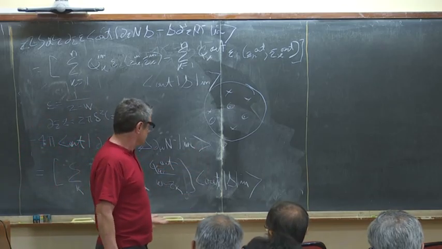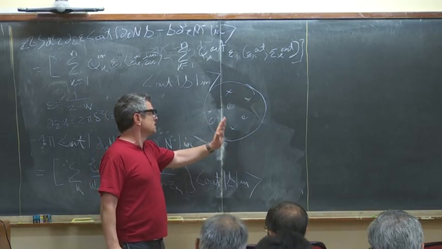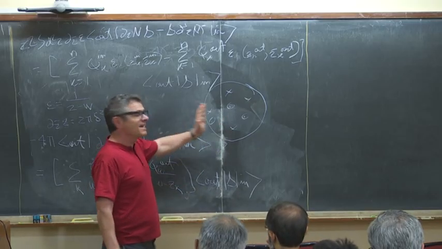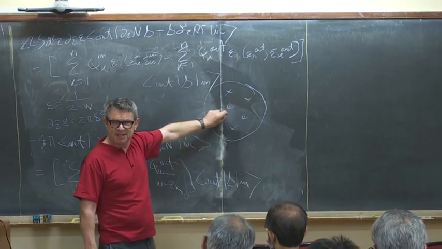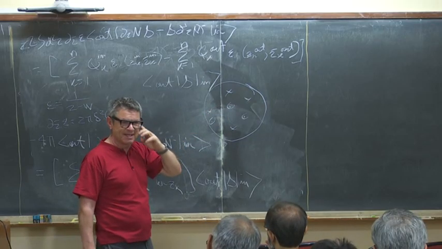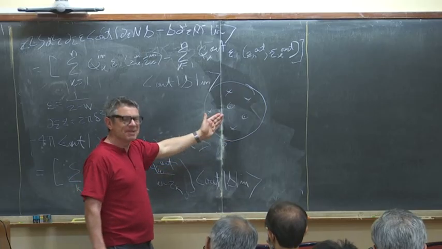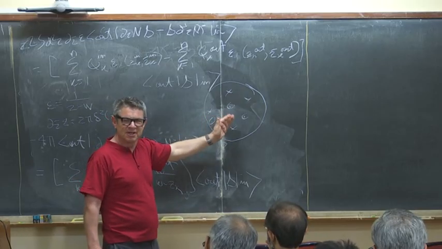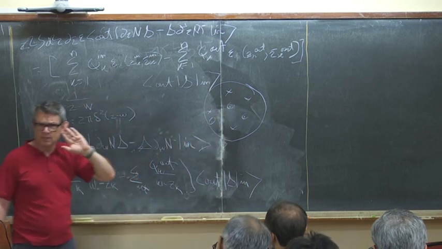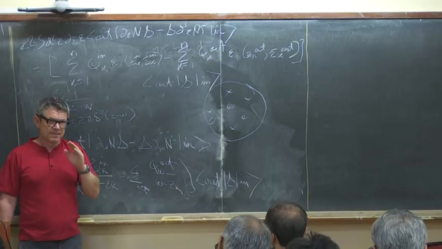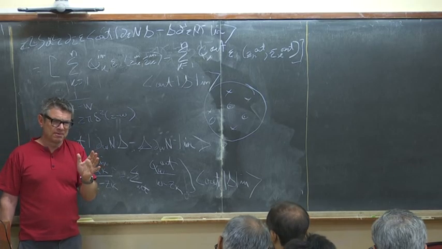And then adding a soft photon to the S matrix element is the same as, in two-dimensional conformal field theory, inserting a U1 Kac-Moody current.